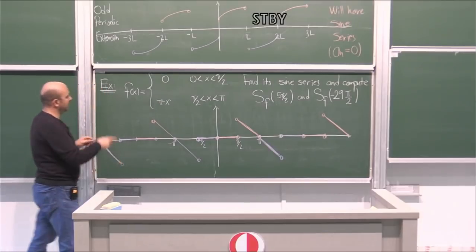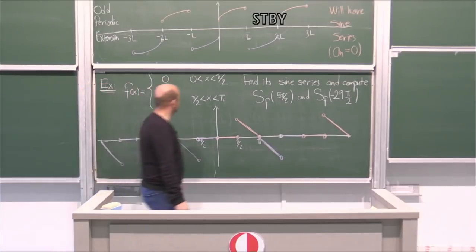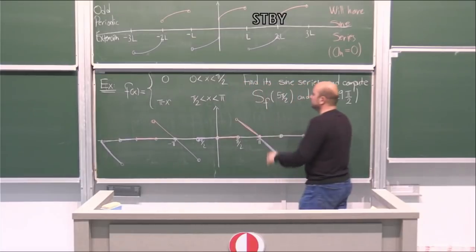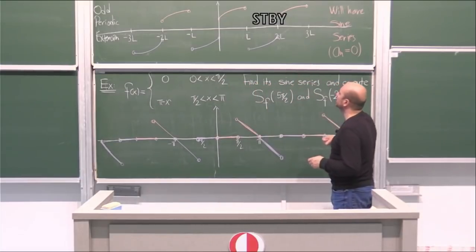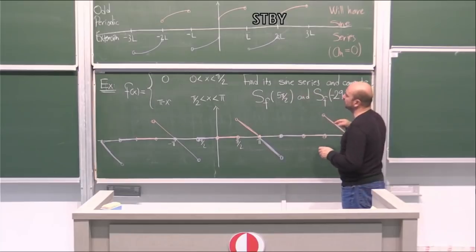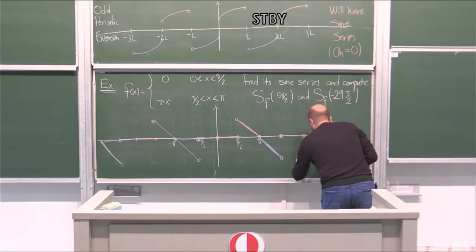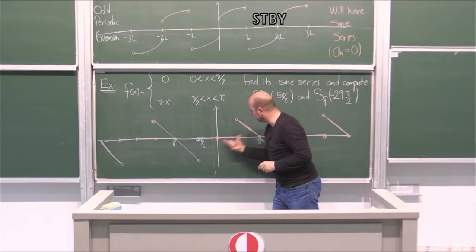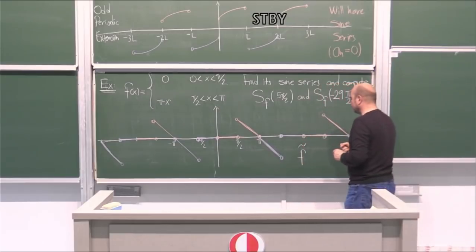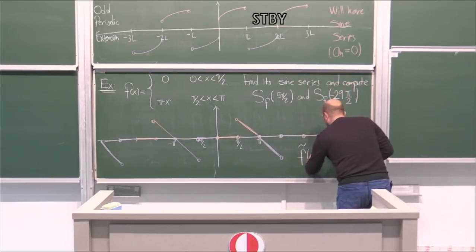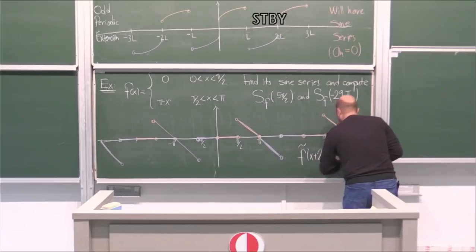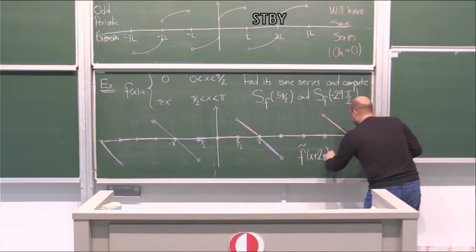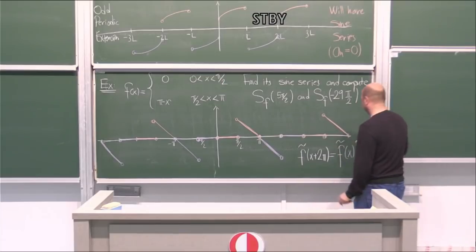Now, this function is odd, and it is a periodic function with period 2 pi. So now we have f tilde. F tilde means these purple and pink ones together. And if I add 2 pi to any x, it will give me this.